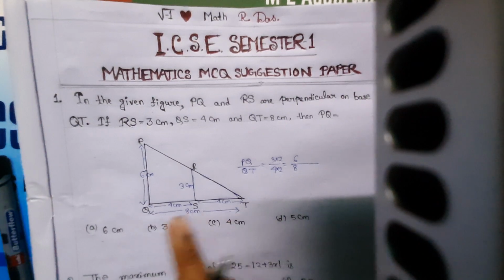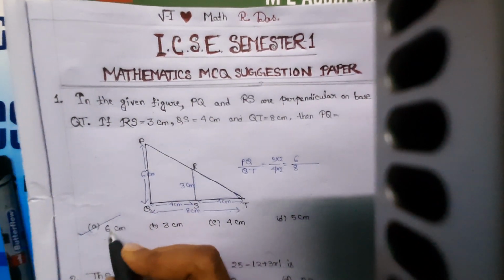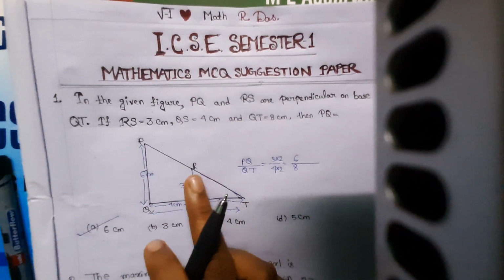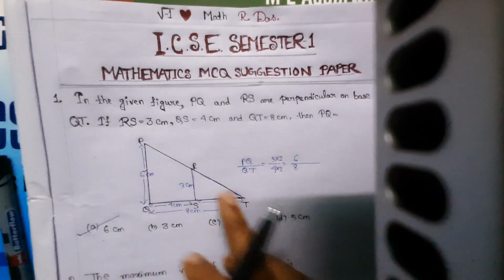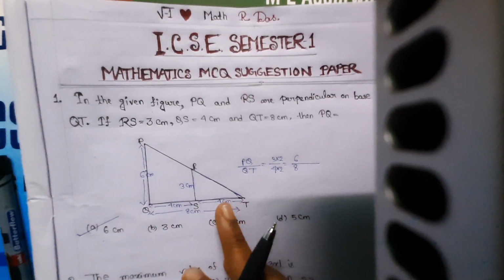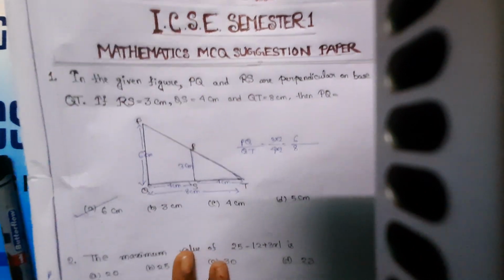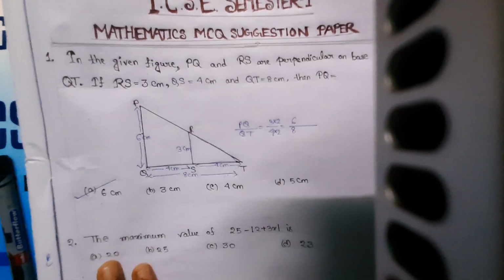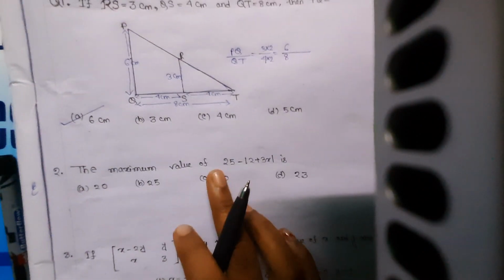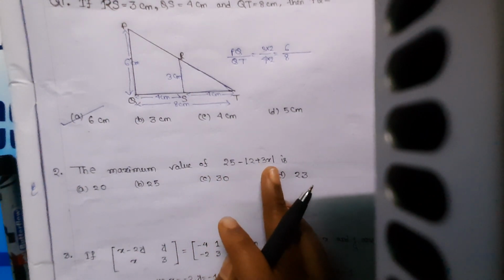So option A, 6 cm, will be the right answer, since both the smaller and bigger triangles are similar to each other, so their corresponding sides' ratios must be equal.